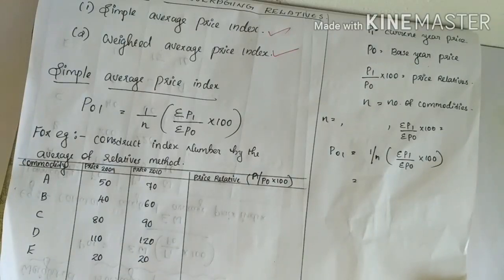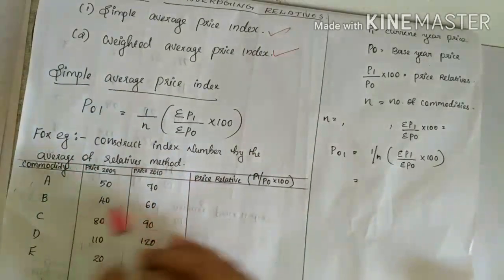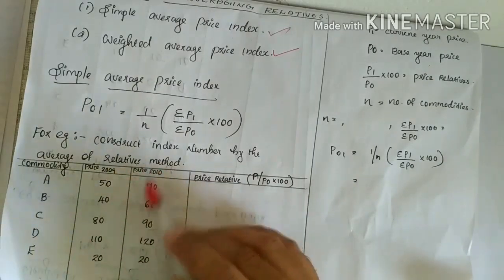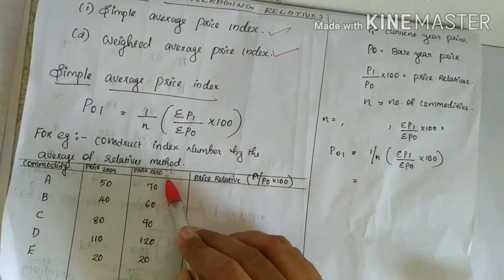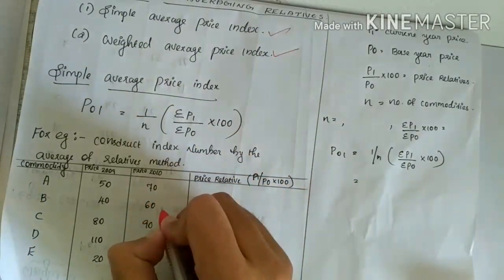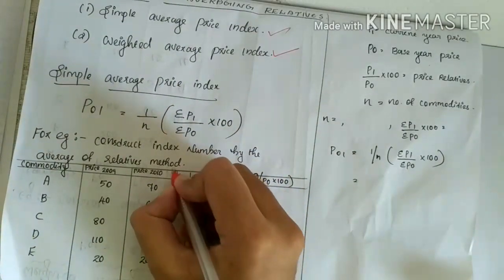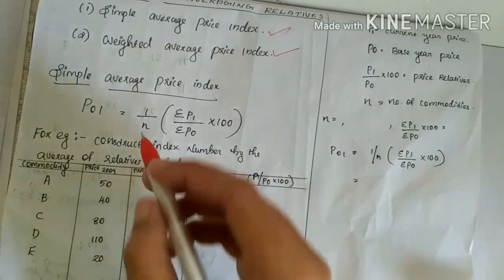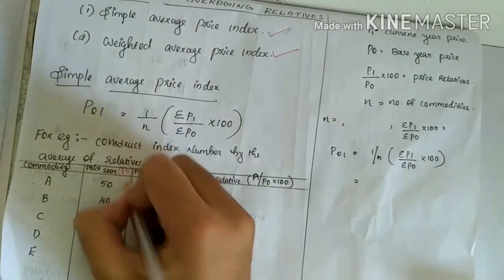The first procedure is to identify P1 and P0 from the given prices. In this case, the price in 2010 is the current year price, denoted as P1, and the price in 2009 is the base year price, denoted as P0.